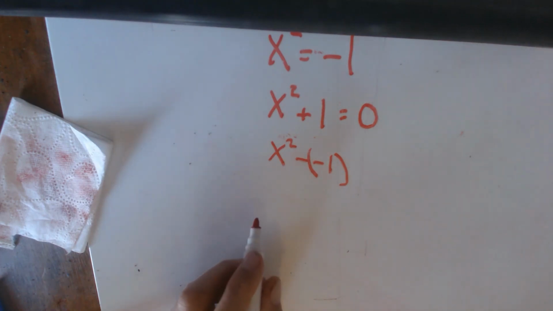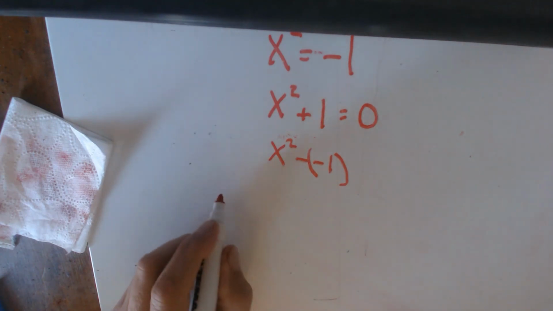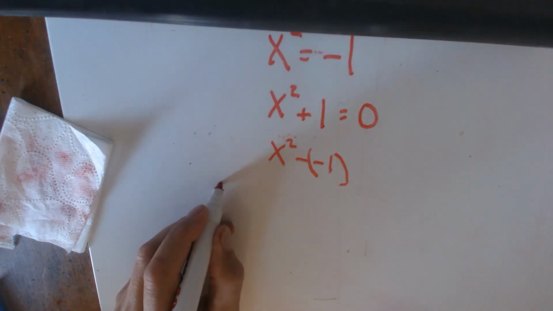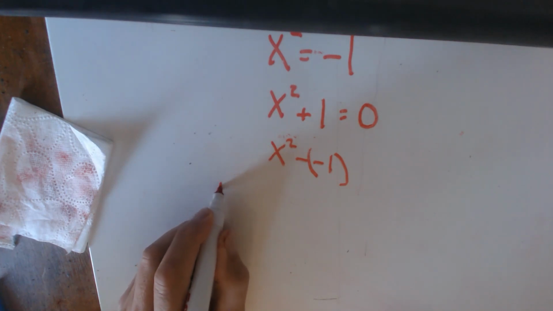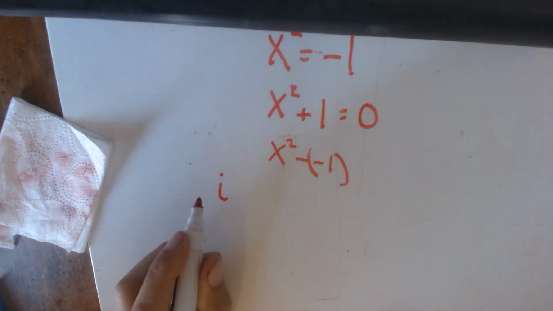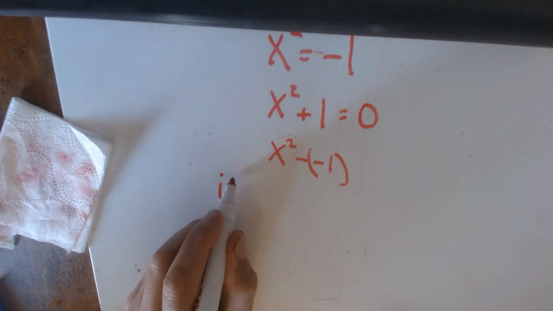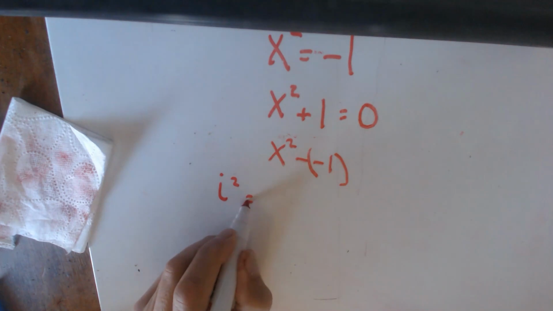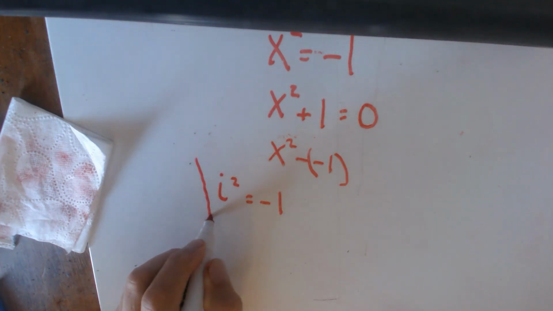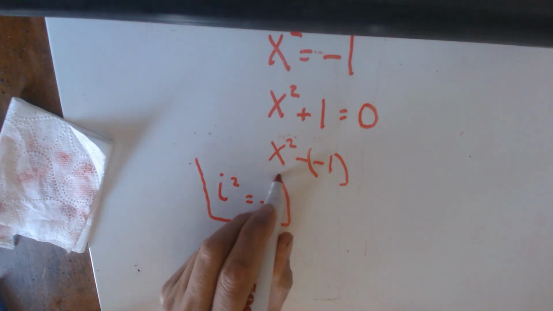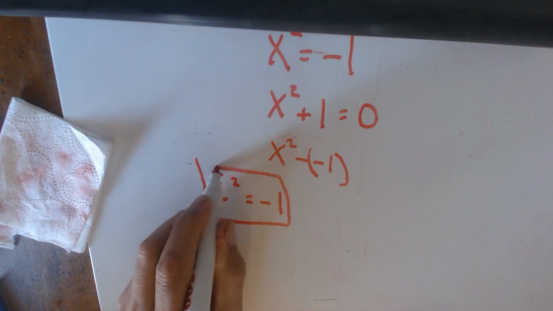Imagine there's a number that when squared is -1. It's very beautiful. So we put an imaginary number, we call it i, for imaginary. You square it, and that is equal to -1. This is the catch.